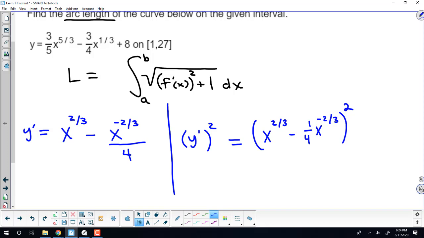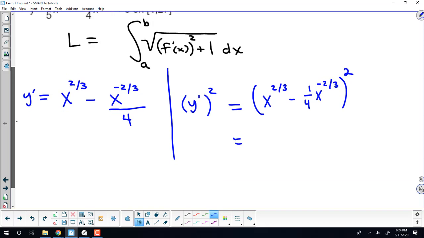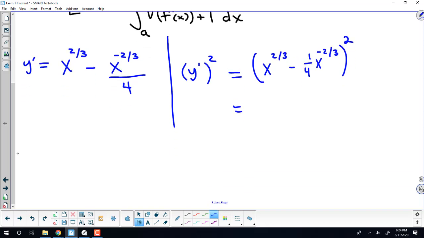You have twice the product of the cross terms. So you can't just square the first two, you have to remember 2 times the product. So x to the 2/3 squared would be what? Right, we square them, x to the 4/3.